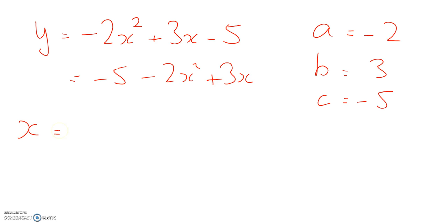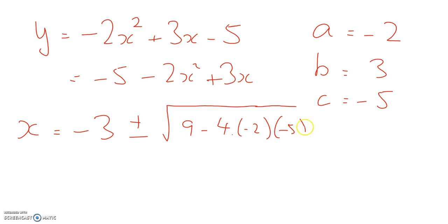So x equals minus b, which is minus 3, plus or minus the square root of b squared, which is 9, because 3 squared equals 9, minus 4 times a. Now a is minus 2, times c, which is minus 5. And that's all over 2a, which is minus 4.